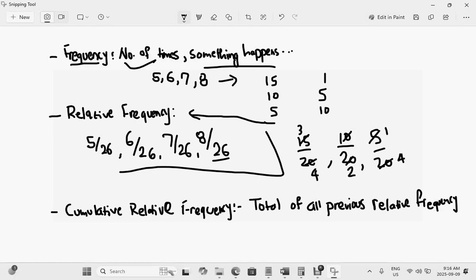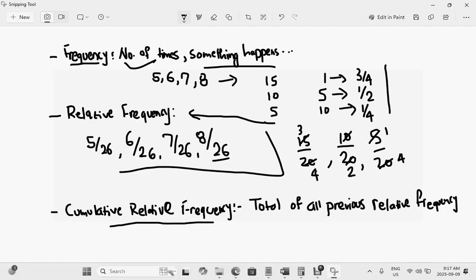And then when it comes to cumulative relative frequency, you would be adding up all previous frequencies. So let's say this is 3/4, this is 1/2, and this is 1/4.